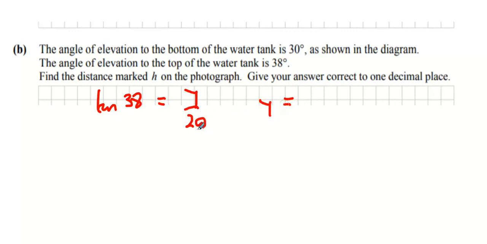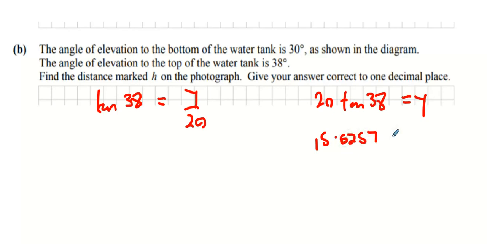Multiplying both sides by 20, we get 20 tan 38 equals y. 20 tan 38 is 15.6257, which to one decimal place is 15.6 meters.